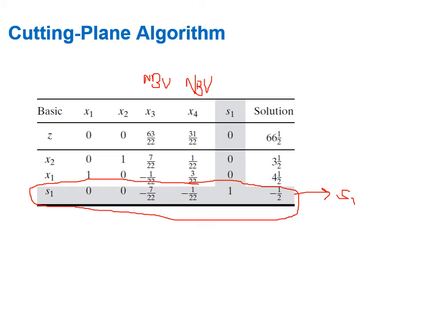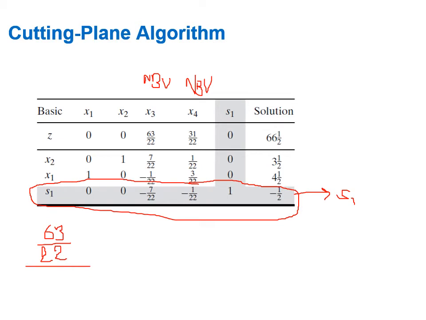Let's first calculate the ratio for x3. The row 0 coefficient is 63/22.